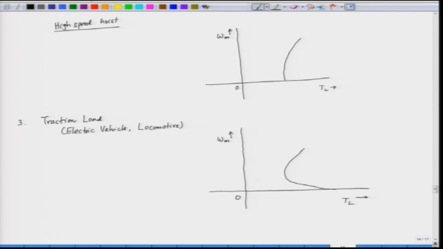As the speed increases we have the windage friction etc., but the traction load is characterized by a very large amount of static friction. So, it has to overcome the static friction, and again when the speed increases the torque increases. So, this is the starting torque, which is primarily because of the static friction.